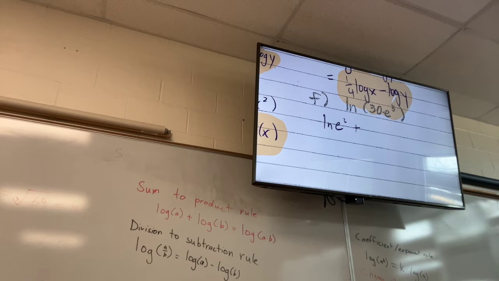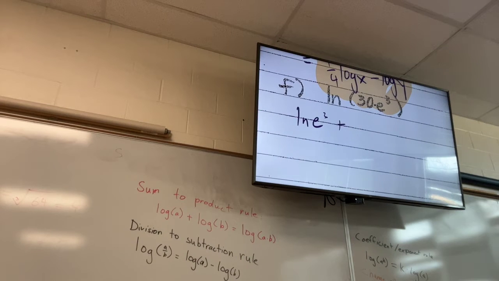When there's a product inside my log, what does it say? So log of A times B equals log A plus log B, okay? So log of 30 times e cubed becomes what?